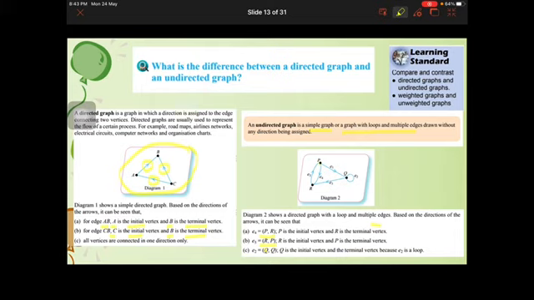But when we have a directed graph, the direction is very important. What is the initial and what is the terminal vertex is very important. So E4 must start from P and end at R. That is why PR is written, not RP, for E4. But for E5, we must write RP, because we start from R and end at P. P is the terminal. So we must write E5 as RP, not PR.